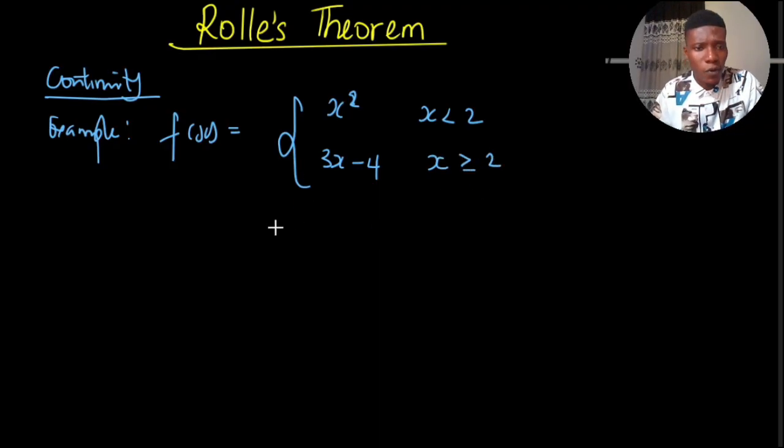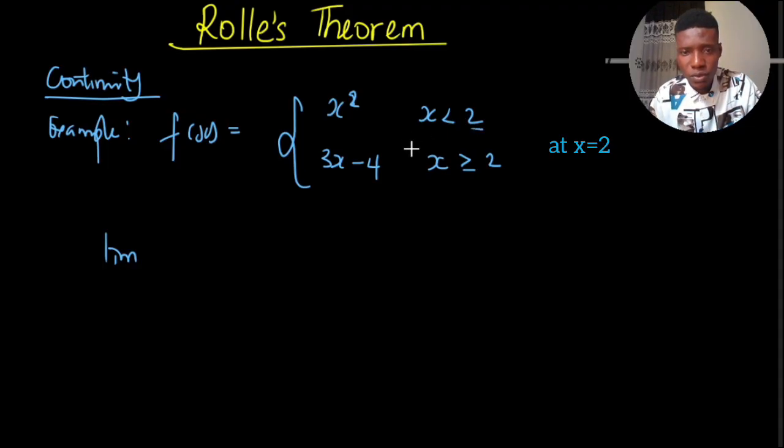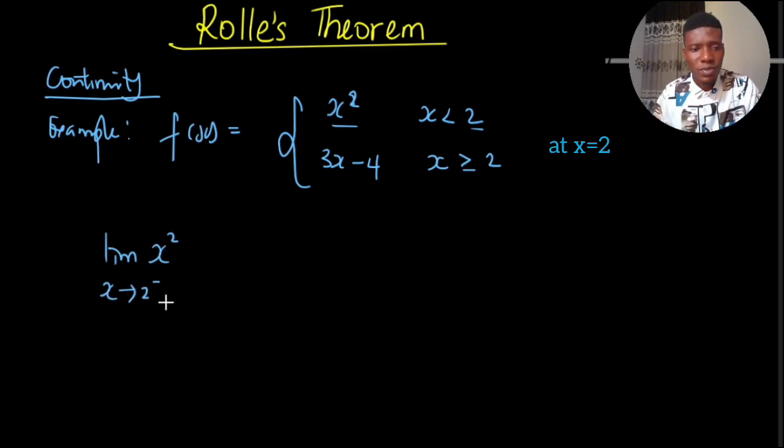This is a piecewise function, and in this case, you check for the limits on the left-hand side of 2. Since this part is considering the left-hand side of 2, that is x is less than 2, the values before 2, you will be using this formula. Check the limit of this as x tends to 2 from the left-hand side. And what will this give us? This is the same thing as 2 squared, which is 4.